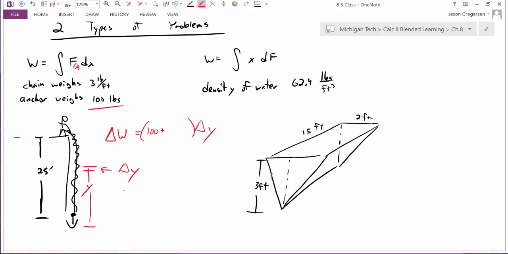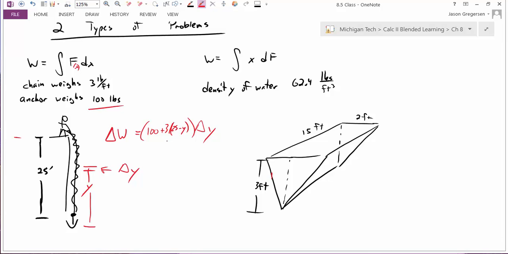All right, so what about the weight? It's not 3 times y. It's 3 times what? 25 minus y. So I have 25 minus y. Now, I certainly could change that just by defining my variable differently. And that should represent the weight of that thing, no matter where I'm at in this process.